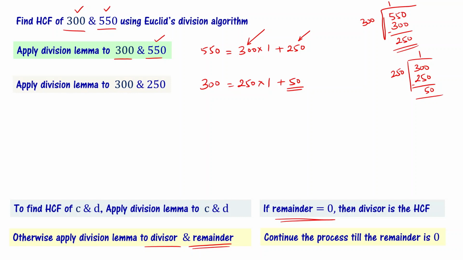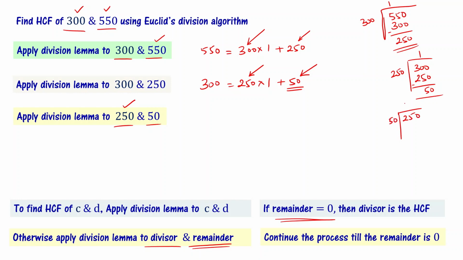Remainder is not equal to 0, right? It means we have to apply again the division lemma to 50 and 250. These are the two numbers. We have to apply division lemma now. 250 and 50. 250 అనేది bigger number కాబట్టి you divide now 250 with the number 50. 5 times 50 is 250.